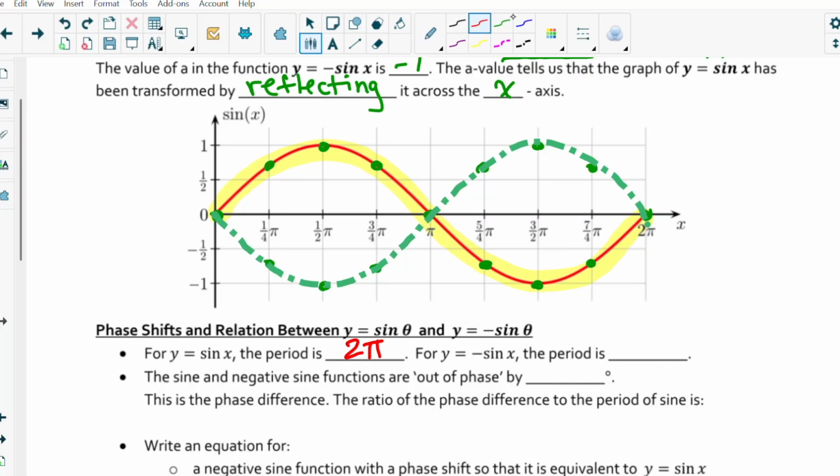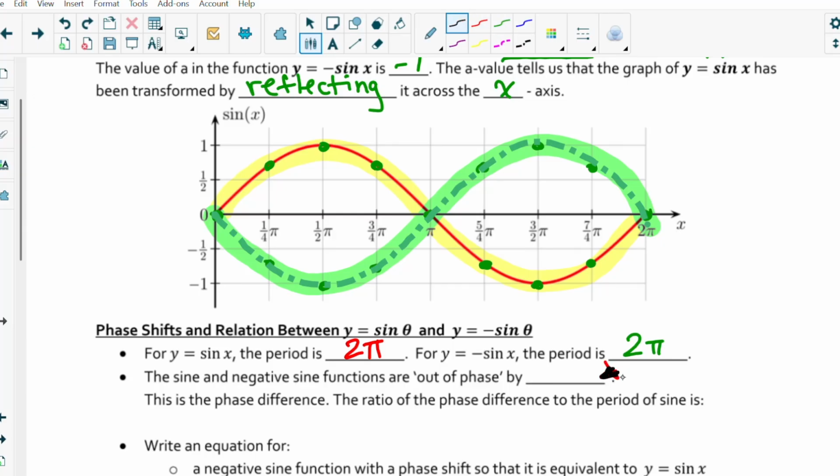How about the reflected graph? For y equals negative sine of x, the period is also 2 pi. So when we look at the reflected graph, one full cycle brings us all the way back to 2 pi as well. So the sine and the negative sine function are out of phase by how many degrees? Or how many radians in this case? This should be radians, folks.